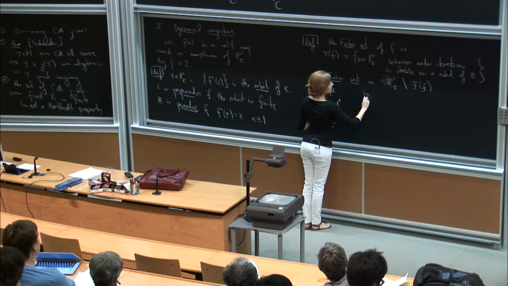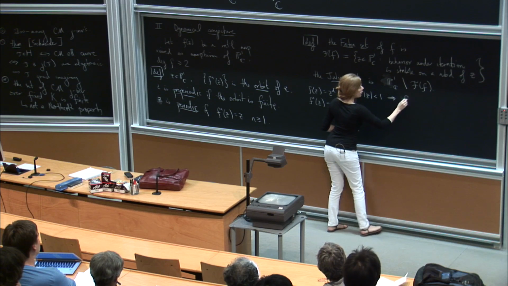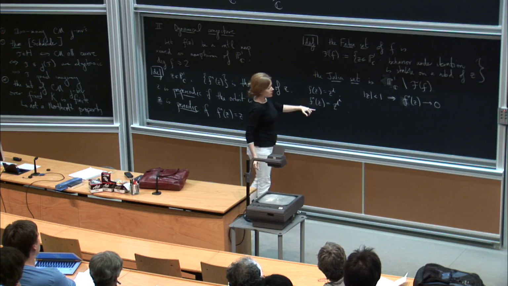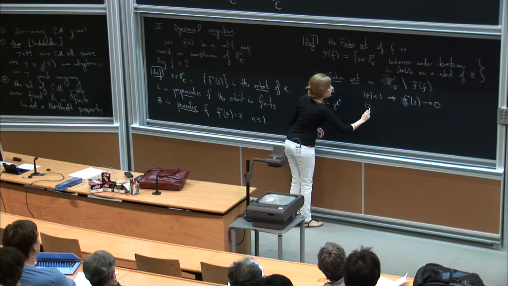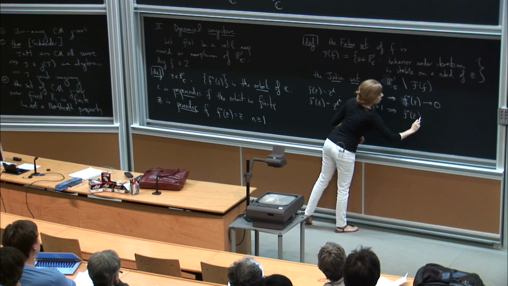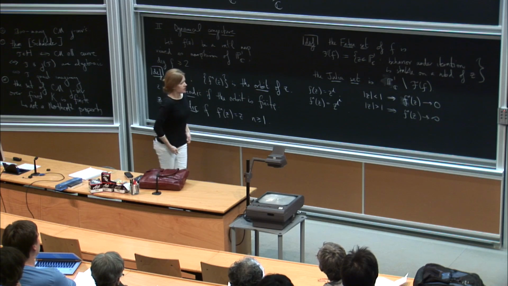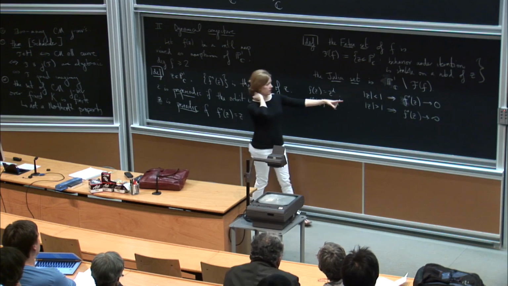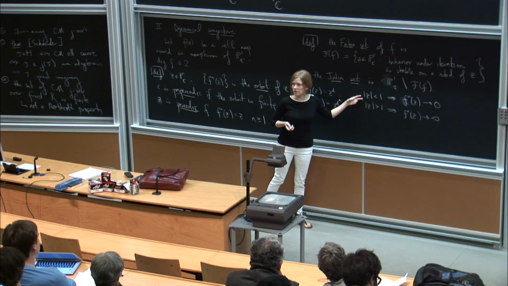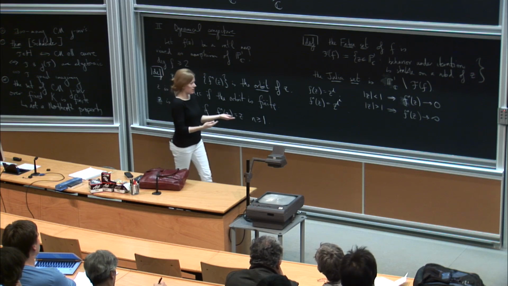So if the modulus of z is less than 1, then the orbit of z converges to 0. Conversely, if we have modulus greater than 1, then the orbit of z converges to infinity. All right? So in particular, both of these are open sets, and so these are necessarily part of the Fatou set. It turns out that these are the entirety of the Fatou set, and that's basically immediate.